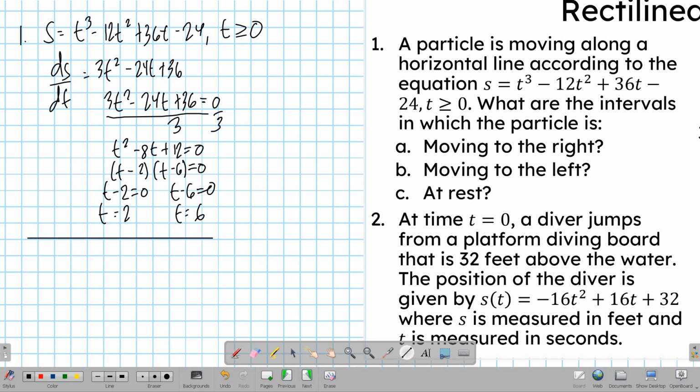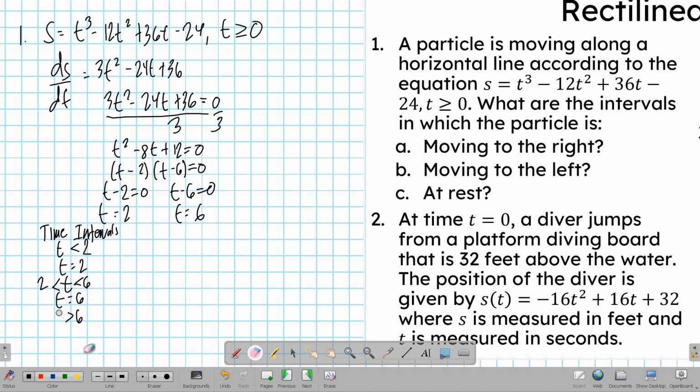So hence, if we now have our time intervals, we would have t less than 2 seconds, t equal to 2 seconds, then t is in between 2 and 6, t is equal to 6, then t is greater than 6.